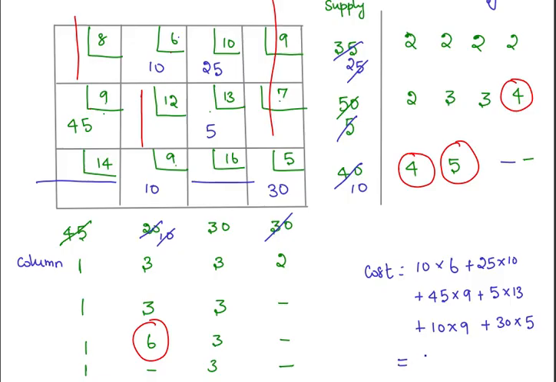If you calculate, the total cost is 1020. Okay, this is Vogel's approximation method.